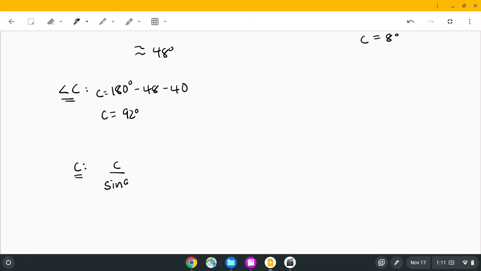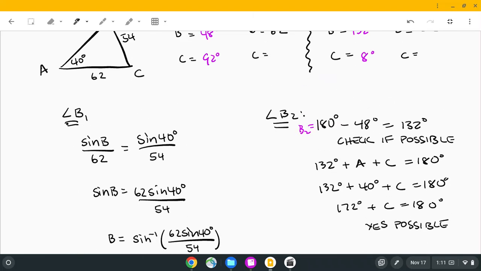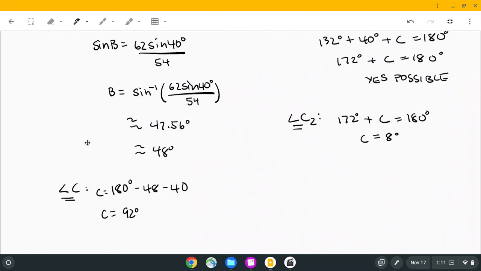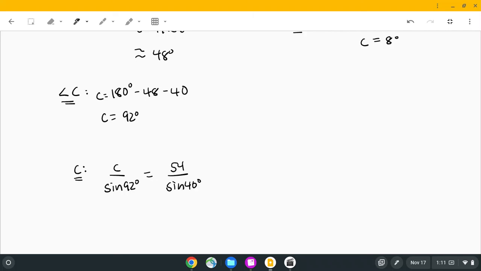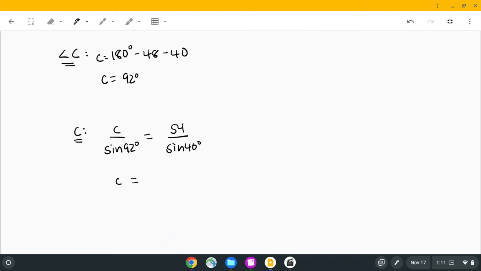Sine of 92 degrees equals, what is little a? Little a is 54 and sine 40. Okay, and so when we solve for c, 54 times sine 92 over sine 40.